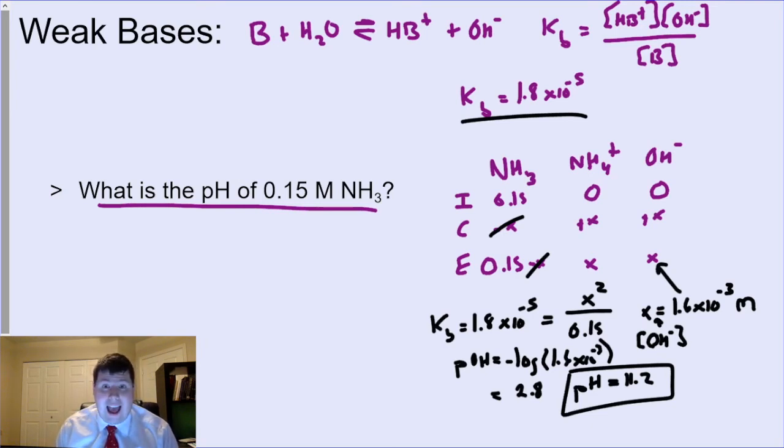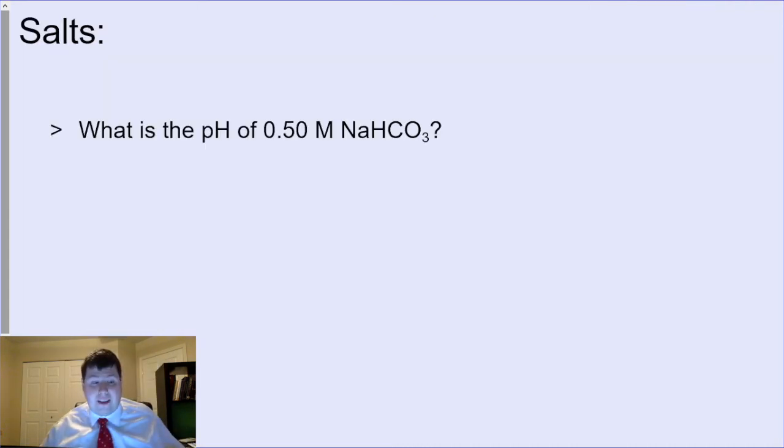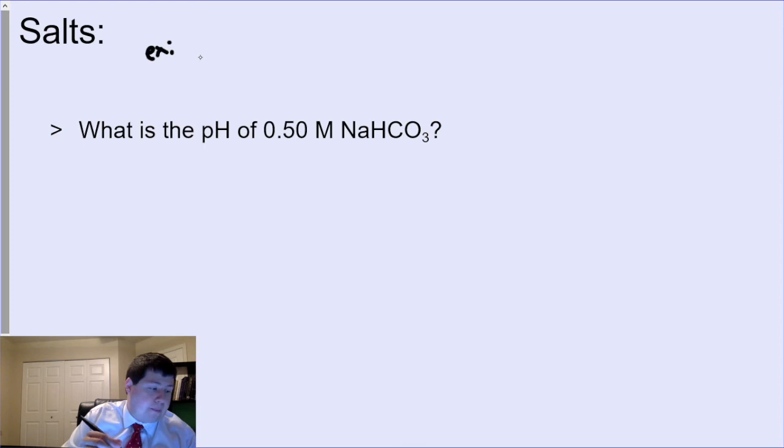Now let's take a look at salt pH. Fundamentally, it's actually no different than either of the weak acid or weak base calculations, because salts are always going to be either a weak acid or a weak base. Let's take a look at the example we saw last time, which was NaHCO3.